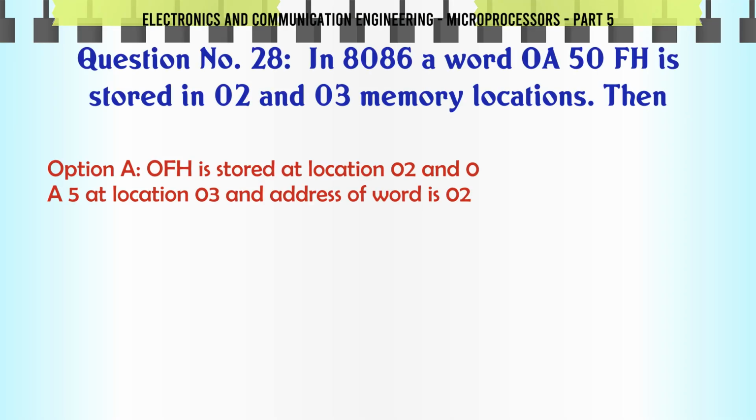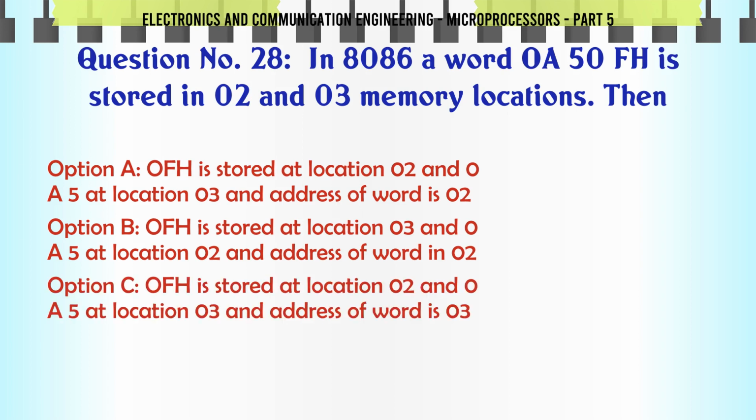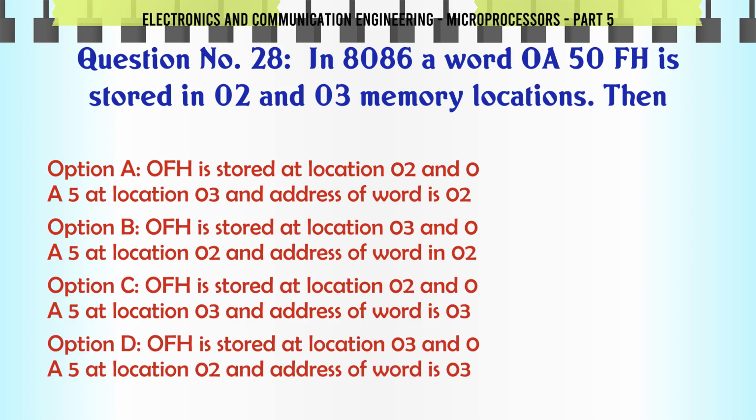In 8086 a word 0A50FH is stored in 02 and 03 memory locations. Then, A. 0FH is stored at location 02 and 0A5H at location 03 and address of word is 02.